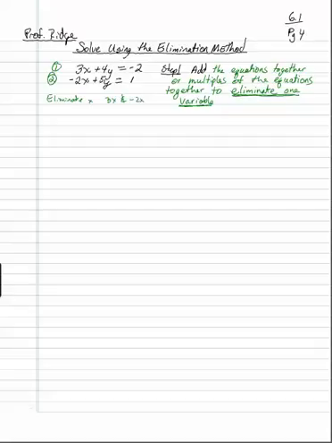What's the LCD or LCM of 3x and negative 2x? We can ignore the sign for a minute. Which is 6x, right? So what's the smallest number that both of them divide evenly into?